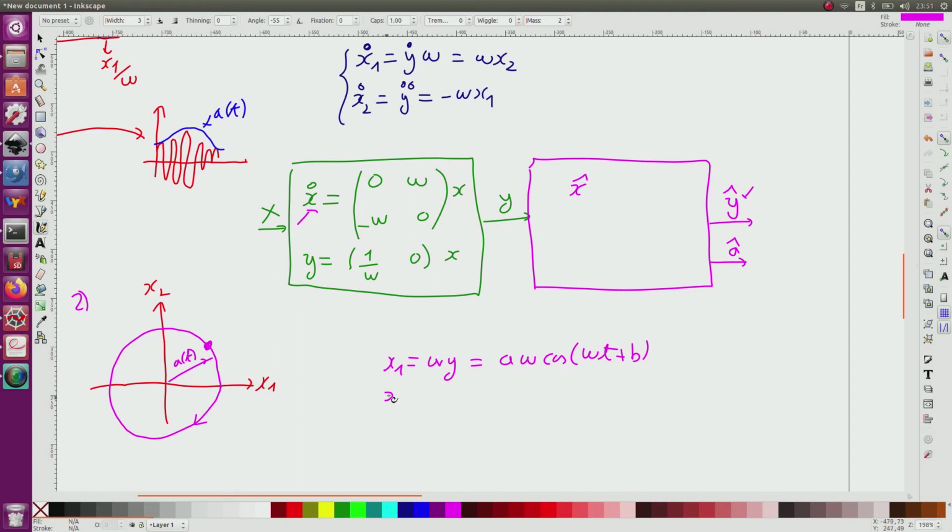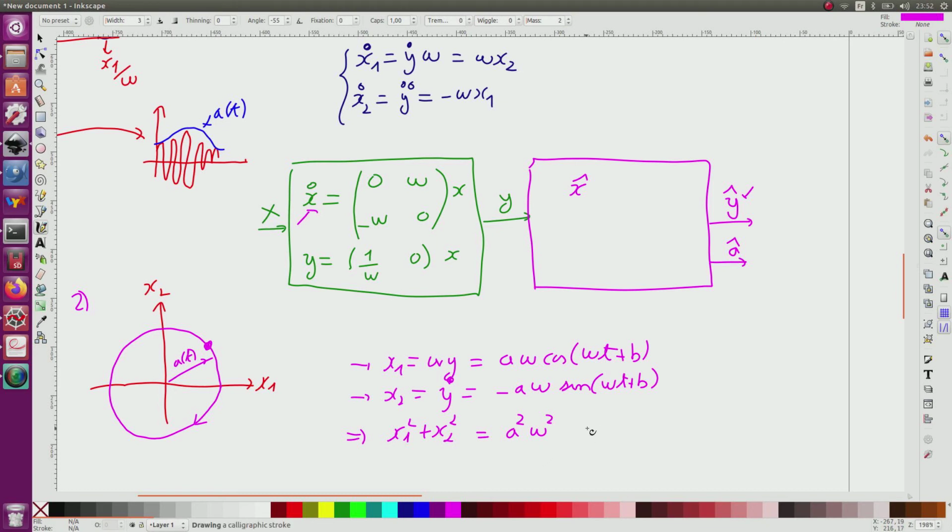I know also that x2 equals y dot, which is also equal to minus omega a omega sine of omega t plus b. So from this, I know that x1 square plus x2 square is equal to a square omega square, and this square plus this square is equal to 1, so I get this.